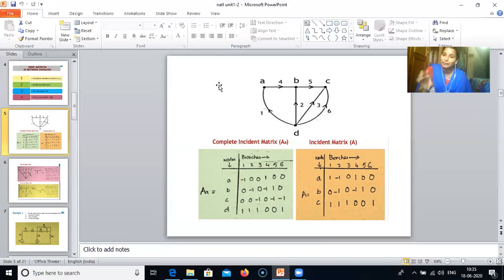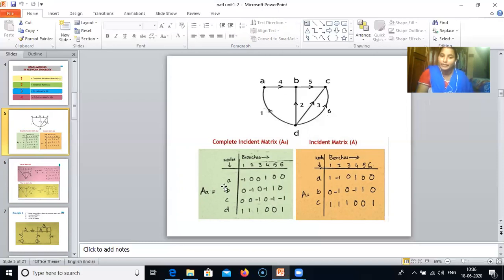If the particular branch is not associated with that node, we represent it by 0. So here, only branches 1 and 4 are connected to node A. So in the places of 2, 5, 3 and 6, we directly place zeros. 1 is entering node A, so we represent it by -1. And 4 is leaving, so we represent it by +1.